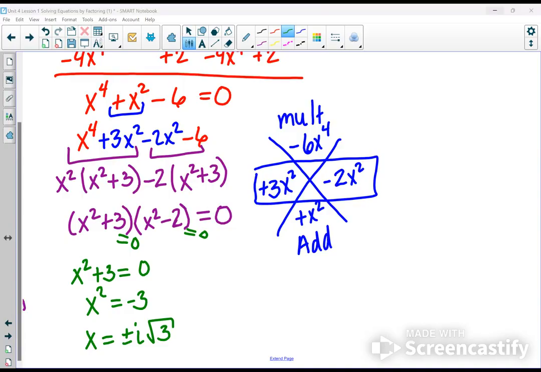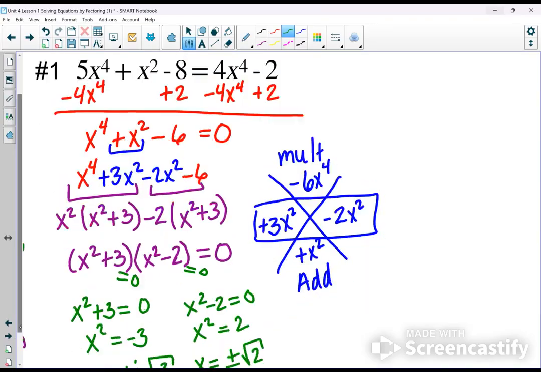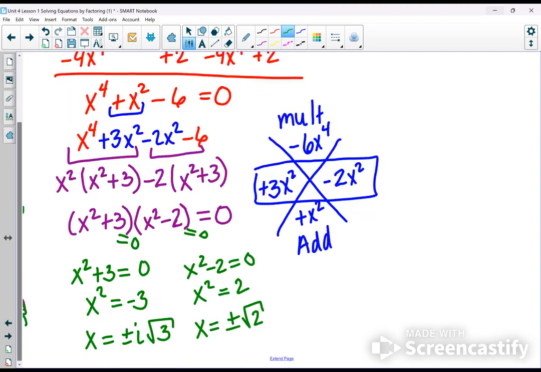And then on this side, I end up with plus or minus a square root of 2. So my final answer for x, solving by factoring, would be plus or minus i square root of 3 and plus or minus a square root of 2.